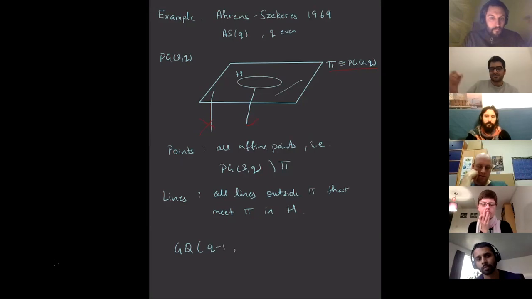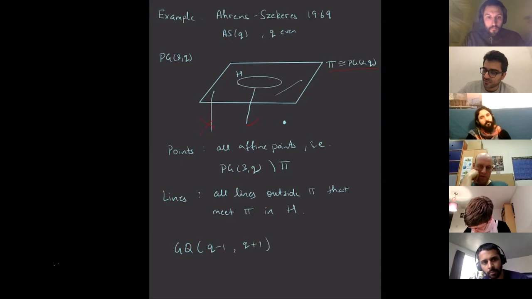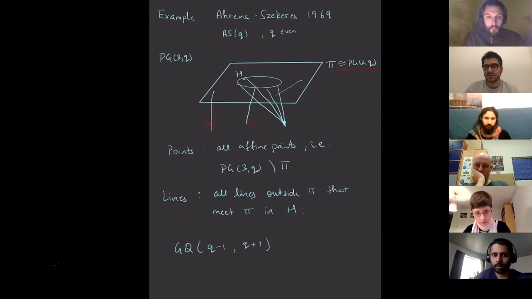And then you can check that through each point there are indeed q plus 2 lines. For each point outside, for each of the points here, there's a unique line joining them. So these are the q plus 2 lines. Then you can just use basic geometry, and you will see the proof in the lecture notes. It's a really easy argument to show that the axioms of the generalized quadrangle are satisfied.